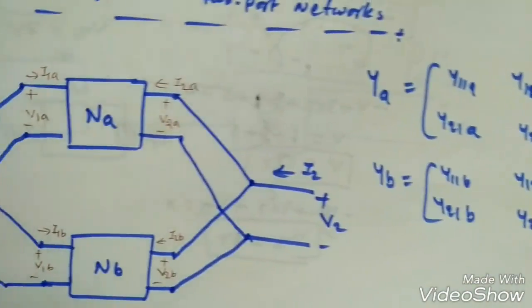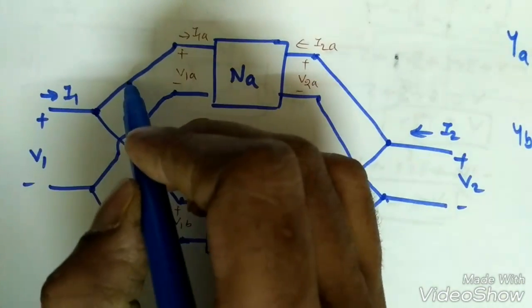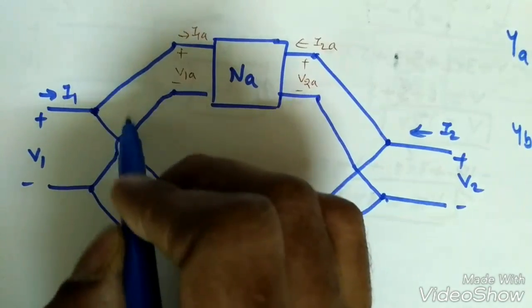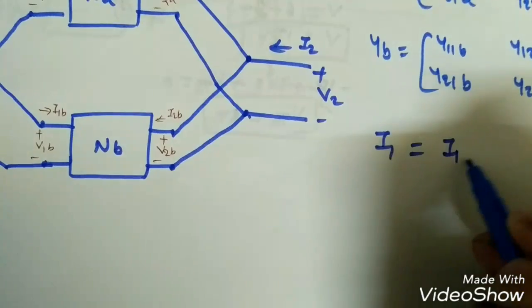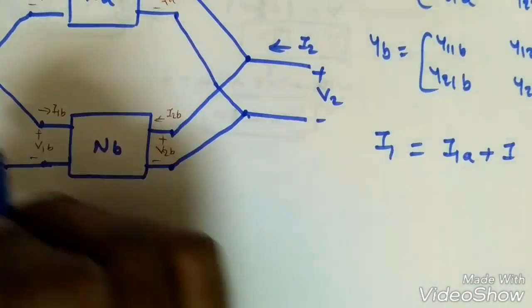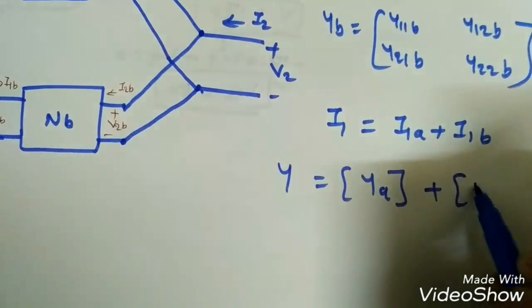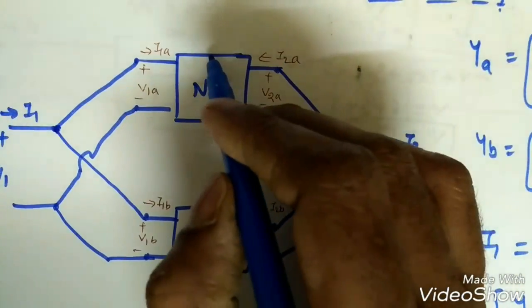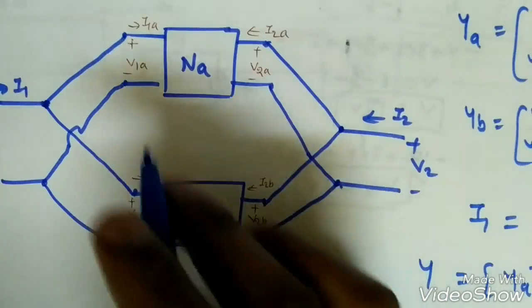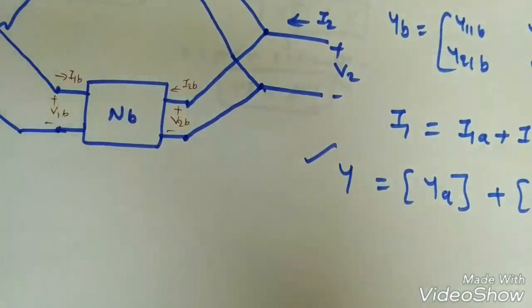Now the overall Y parameters will be added, because here I1 is divided between the two networks. So the total current I1 is equal to I1A plus I1B, and the overall Y parameters become YA plus YB. So whenever two networks are connected in parallel, we find the Y parameters individually, then add both to get the overall parameters.